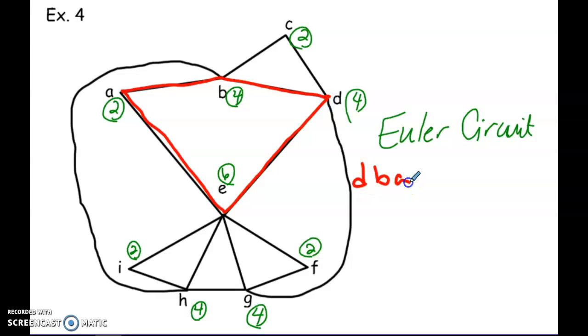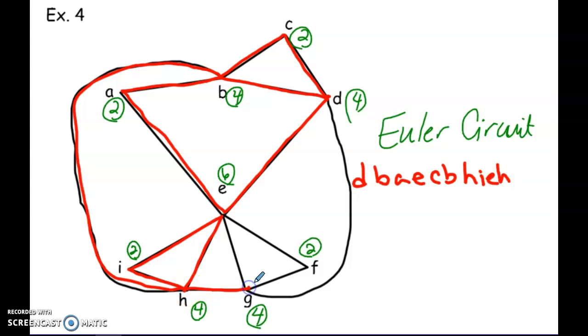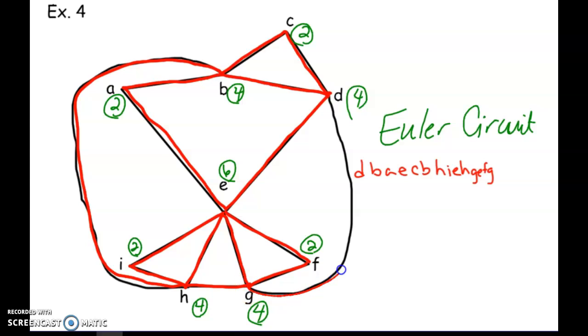So D, B, A, E, C, B. This one goes clear around to H, to I, to E, to H, to G, to E, to F, to G, and finally all the way back up to D. Again, notice that the first and last letter matched up, which makes it again an Euler circuit.